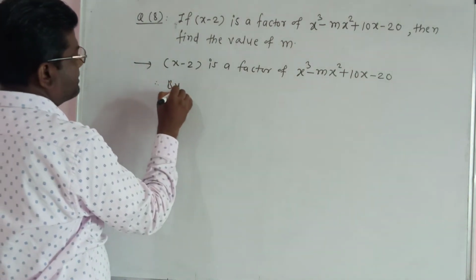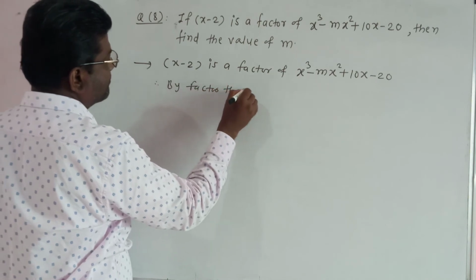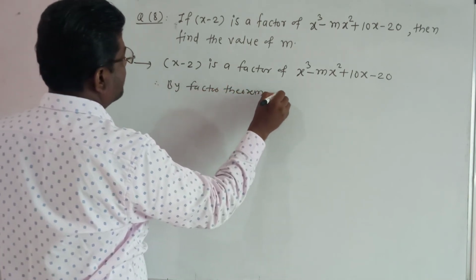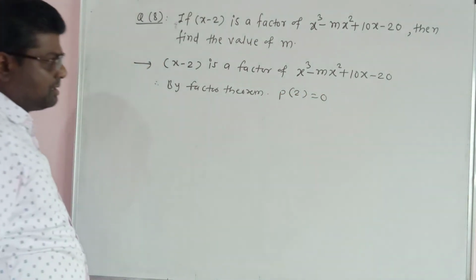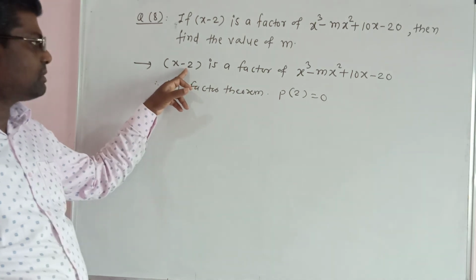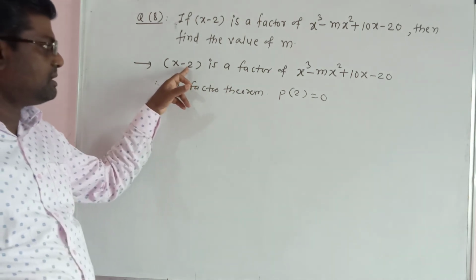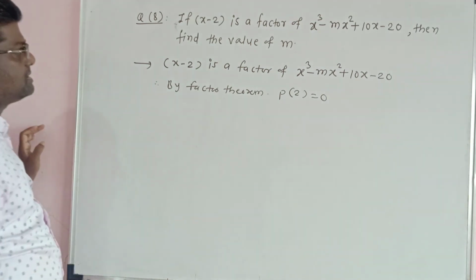Therefore by the factor theorem, p(2) is equal to 0. In the factor there is the real number -2, and the opposite of -2 is 2. Therefore p(2) = 0.